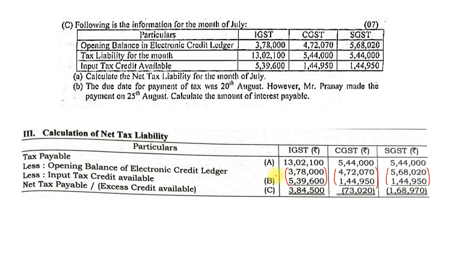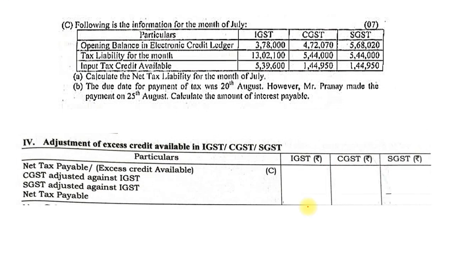Okay, so now this particular thing means that here your CGST and SGST is higher. So if it is higher, what we can do here is whatever is excess in CGST, I can use it to clear IGST, and whatever is excess in SGST, we can use both to clear out IGST. So we'll go with the next step. Adjustment of excess credit available.